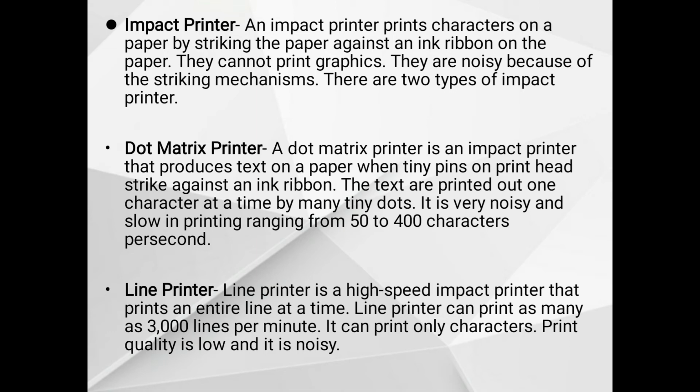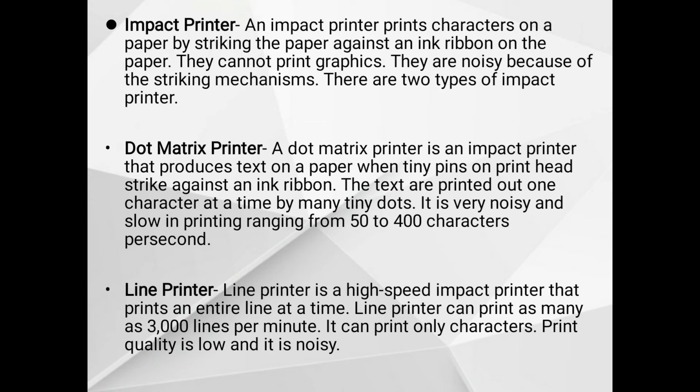The print head strikes the ink ribbon, and then the paper, so the ink ribbon is in between the print head pins and the paper. These impact printers are quite noisy because of the striking mechanism.